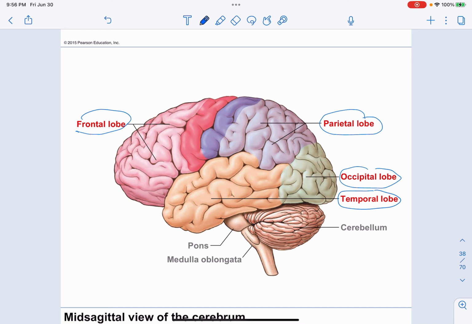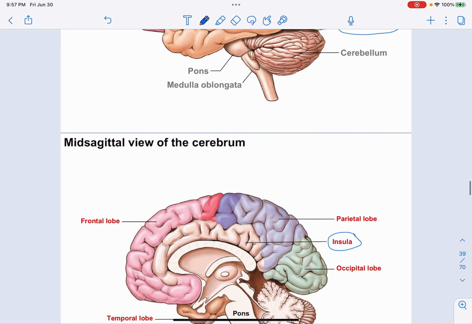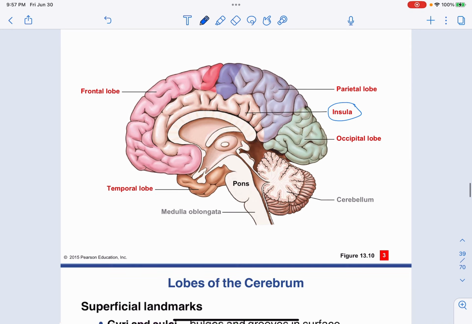So the bulges, again, are called the gyrus. And in between the gyri are narrow grooves called the sulcus. So you can see the bulges here. And then in between these lines here, that's the sulcus. I want to take you to one other image.